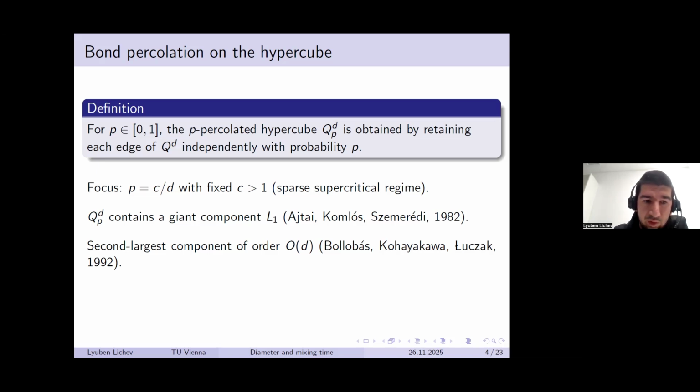Ten years later, Bollobás, Kohayakawa, and Łuczak proved something more. They showed that the second largest component is of order big O of d, where d here is the logarithm of the number of vertices. They actually proved something more. They proved that the percolated hypercube satisfies the so-called Erdős-Rényi phenomenon.